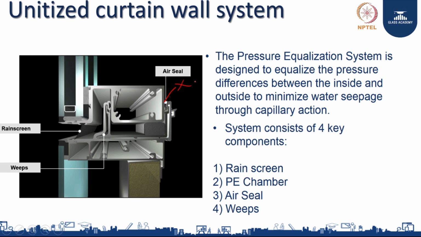Now, what is happening? This air seal is weak, so my suction is there. It means I am pulling the air. Now, whatever water I have here, or even if anything goes wrong with this, water will start going in, because you do not have a proper air seal. So, this is what you call capillary action, because the air is sucking inside.